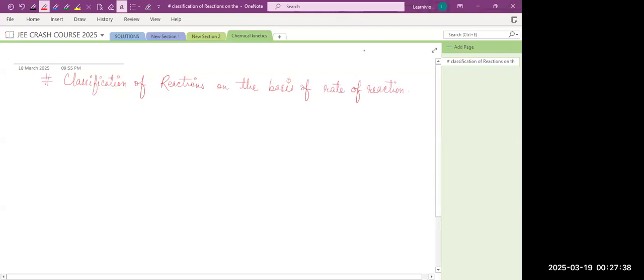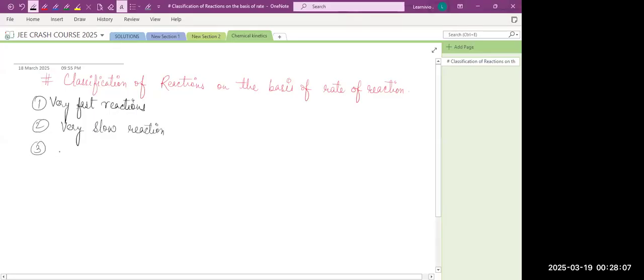So what are the classifications? The first one is very fast reaction. Second one is very slow reaction. Or another one is slow or moderate reaction.